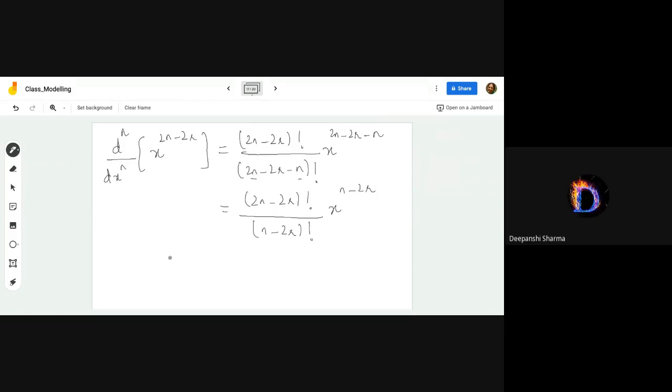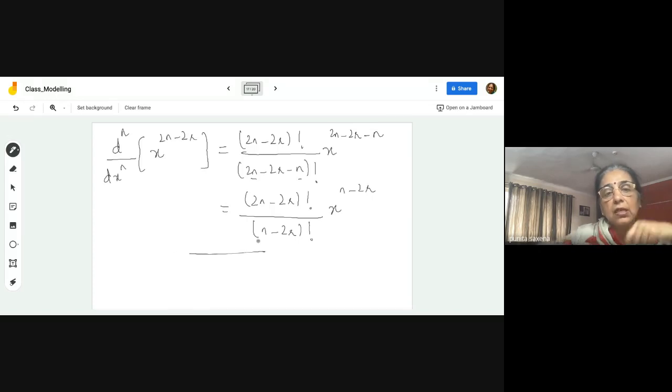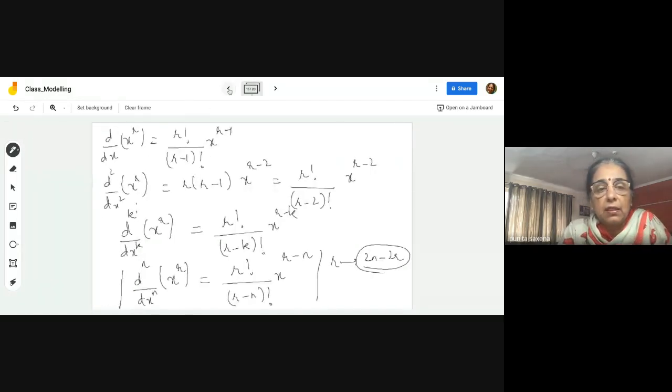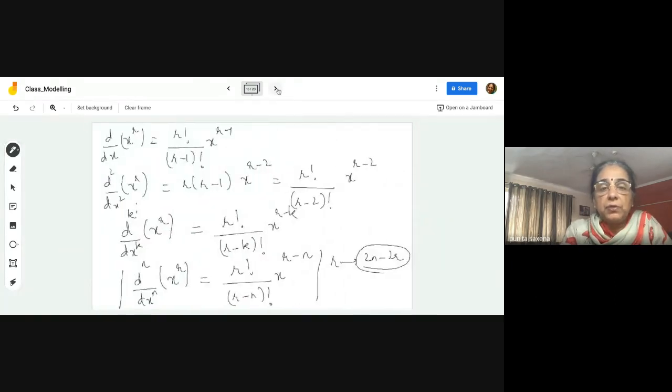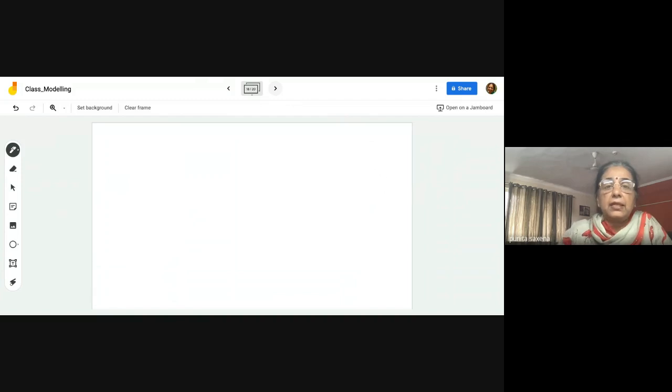Now substitute this in your Pnx, the one that we had here, this summation. We'll retain this term as it is, but we wanted things in terms of factorials. That is why we did all this exercise. So if I substitute there, my Pnx is now 1 upon 2 to the power n factorial as it is, summation.